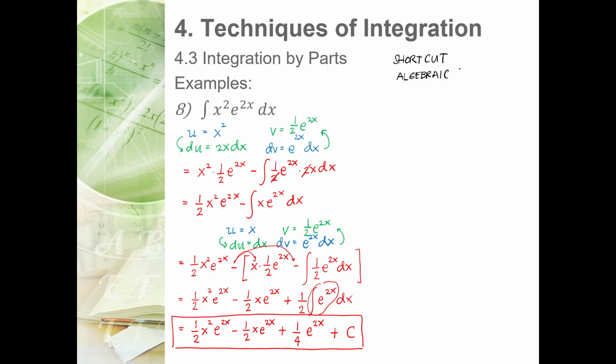So it should be x raised to any power, as long as n is not equal to 1, so it should be higher: 2, 3, and so on. Or x plus a raised to the power of n. So it could be x plus 1 raised to the power of something. And then the other term is any other function.